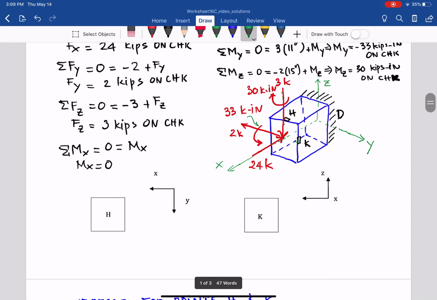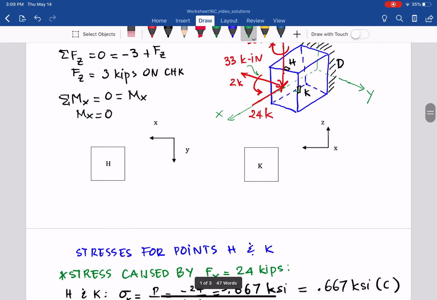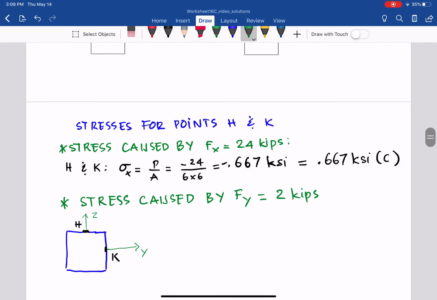And then the 2 kips goes opposite of positive y, so that shear force creates an in-plane shear stress, and the neutral axis is perpendicular to the shear force.